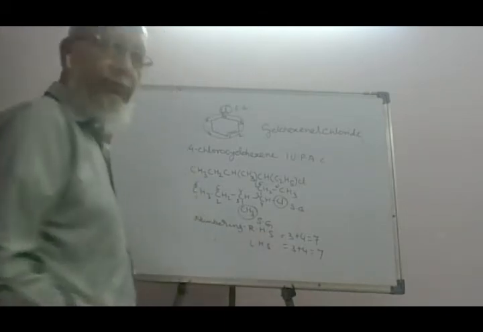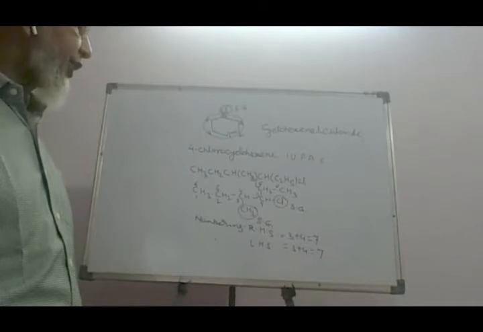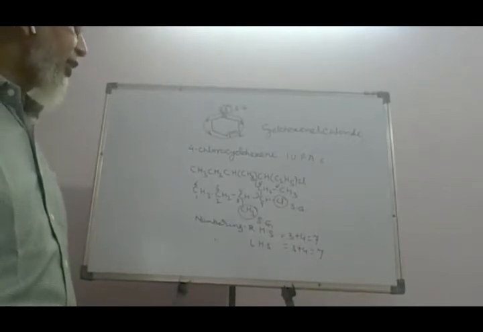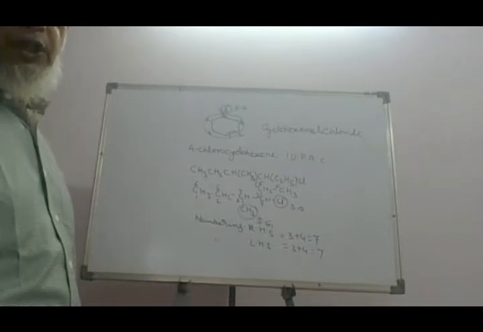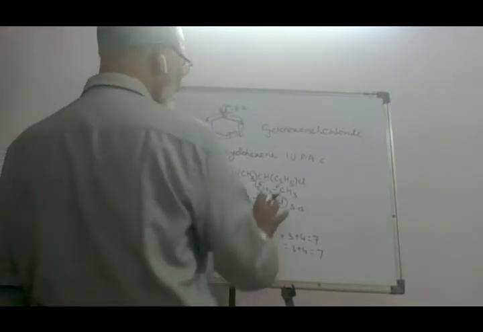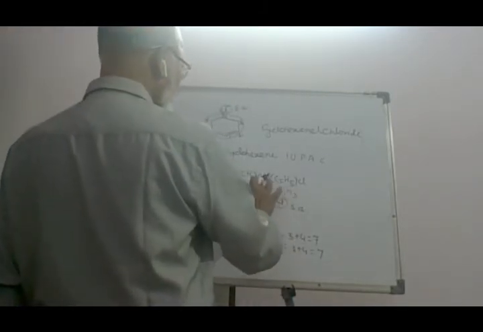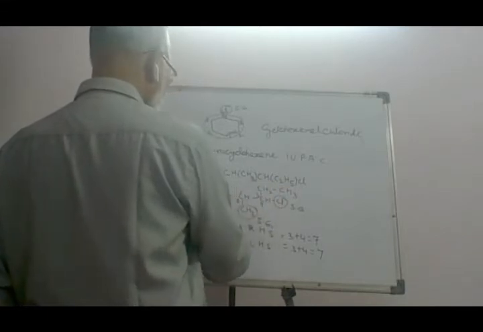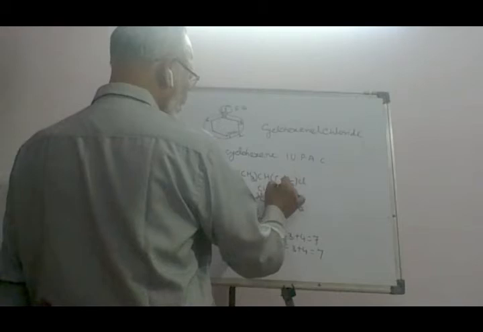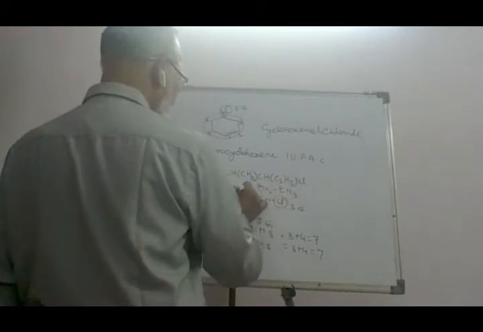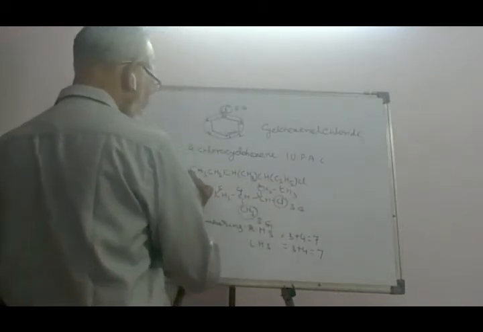So the sum of the numbers from both sides is the same. And if it is such a case, then we should start the numbering from that side so that the group which comes first in alphabetical order should get the lowest number. Therefore, we shall do the numbering from this side: 1, 2, 3, 4, 5, and 6.